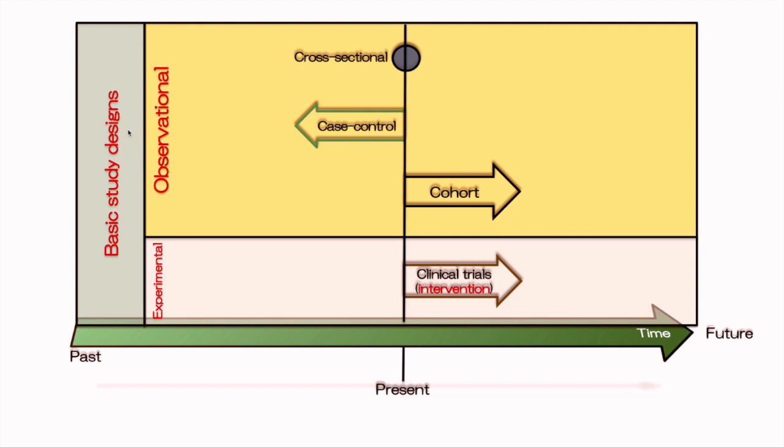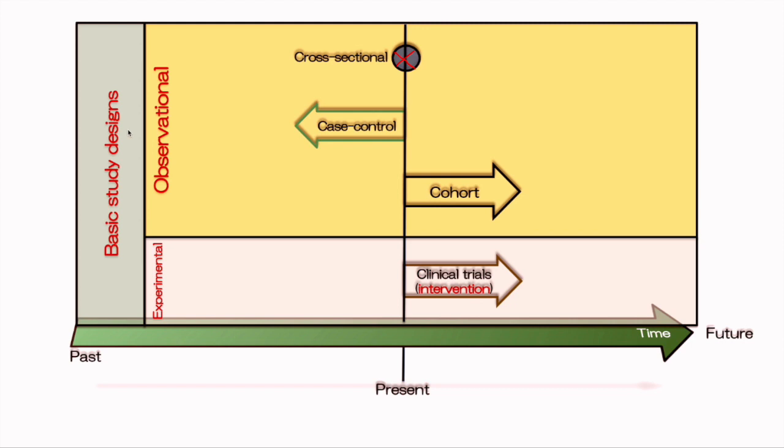Cross-sectional studies refer to a single point in time at which we are gathering data about present health characteristics. For example, how many students are smoking in the university. So we get a sample, and based on the sample, we can find out the number of people who have the condition.